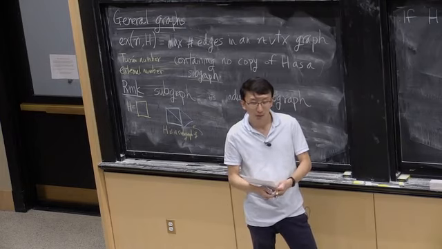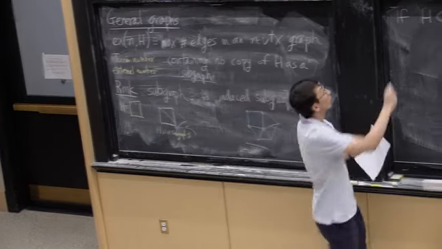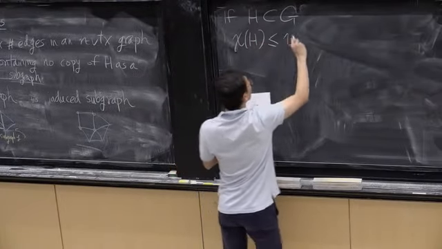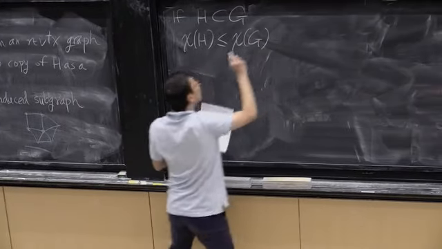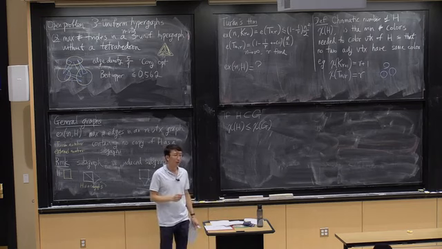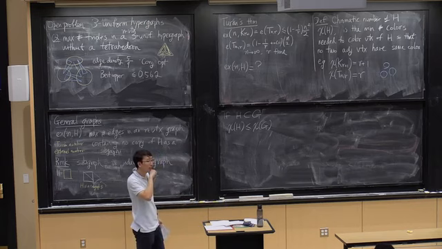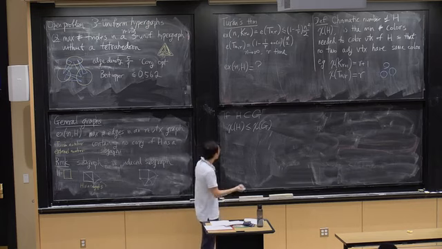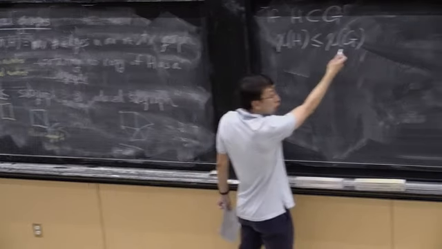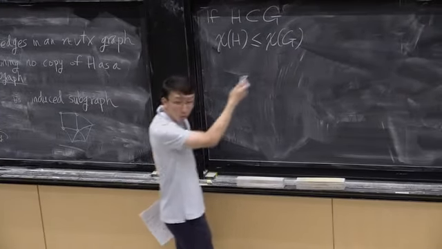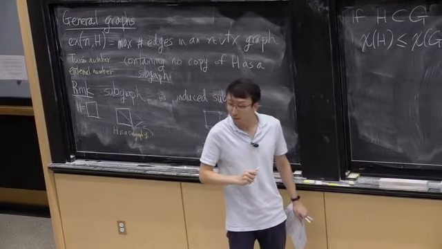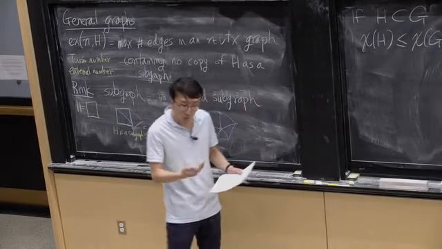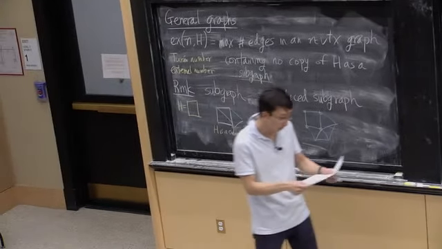The chi of H is less than or equal to chi of G. And why is that? Because if G can be colored with a certain number of colors, then that also automatically contains a valid coloring. Whatever coloring you do for G, you use the same coloring, and that's a proper coloring for H as well. So the chromatic number of H might be smaller, but certainly cannot be bigger than that of G.